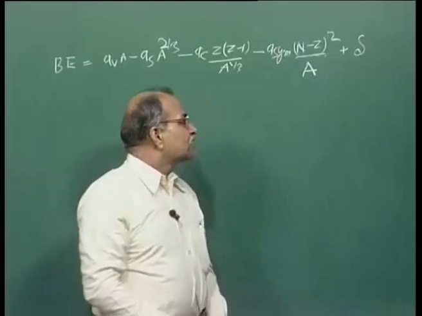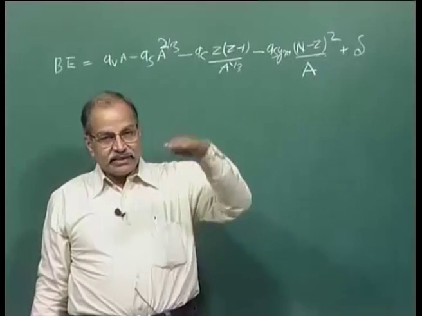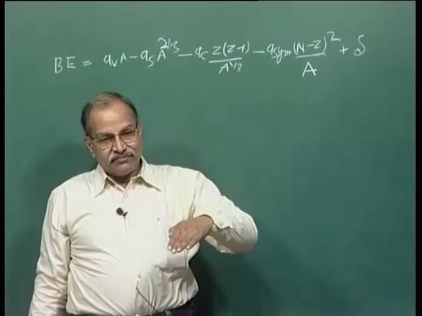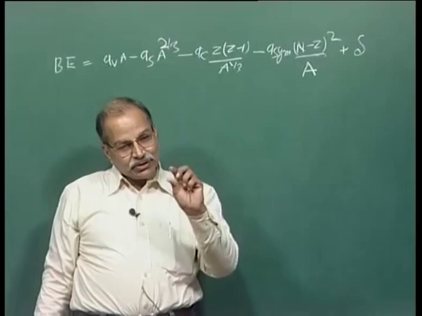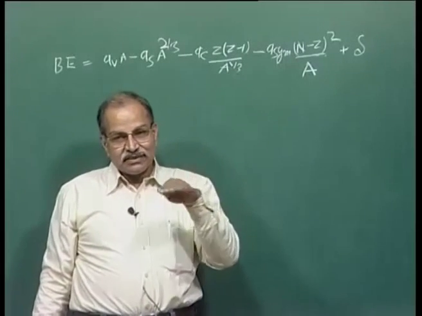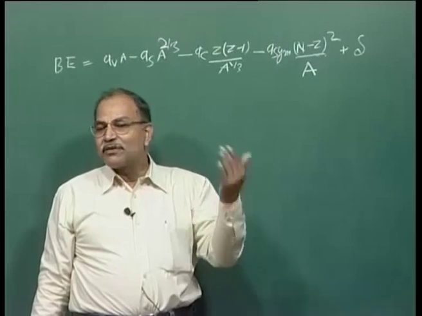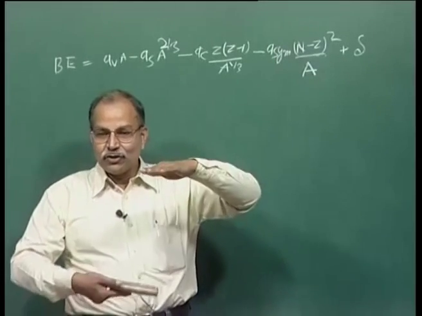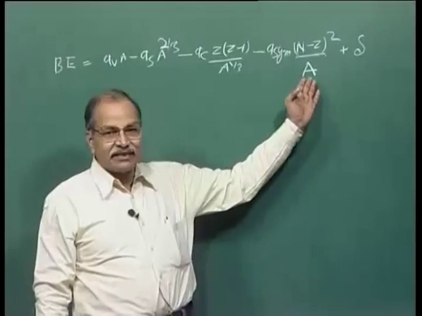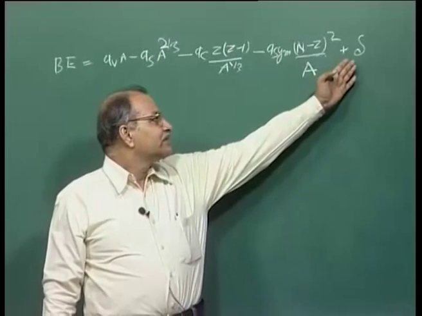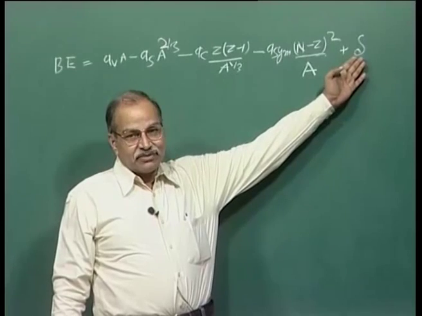Why a? This is because you had all those energy levels, and if there are capital A nucleons, roughly the separation between consecutive energy levels will be proportional to 1 by a, because a nucleons are to be adjusted in that. So, that is why 1 by a, and then this is the pairing term delta.